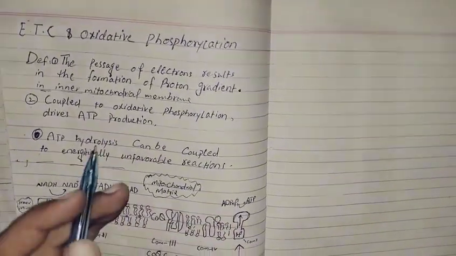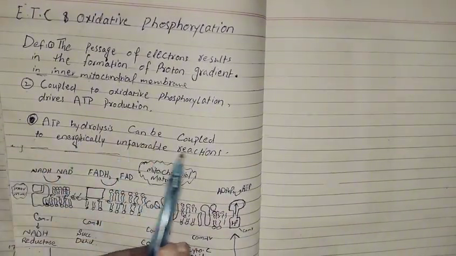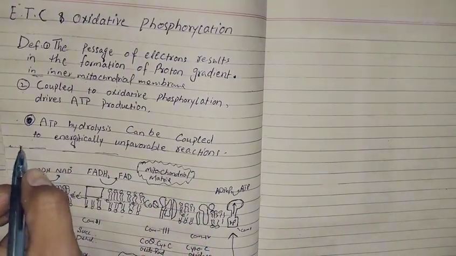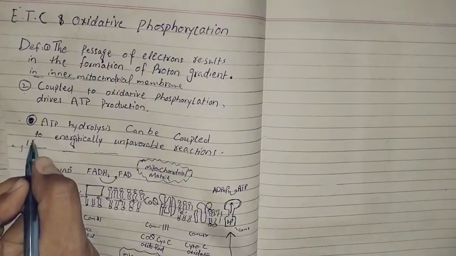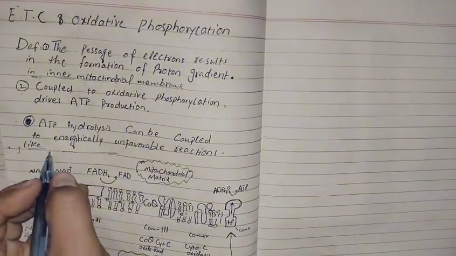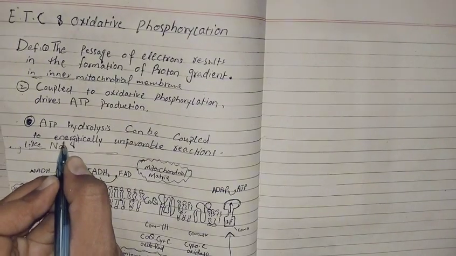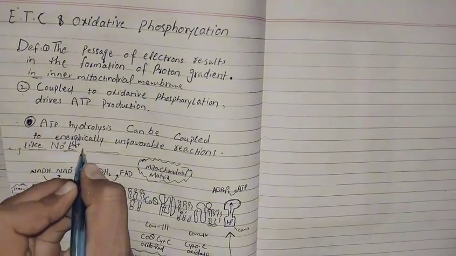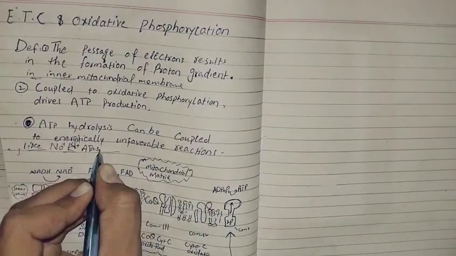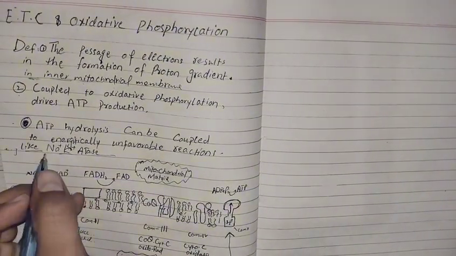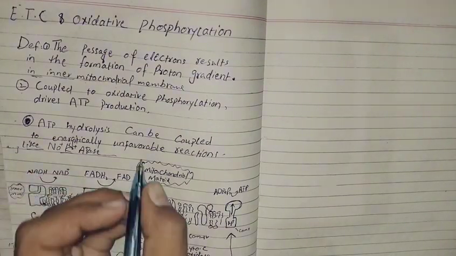Then, as you know, ATP hydrolysis can be coupled to energetically unfavorable conditions. I will mention some examples, like the sodium potassium ATPase. These are channels, as you all know, and they maintain the electrolyte balance in the cell.